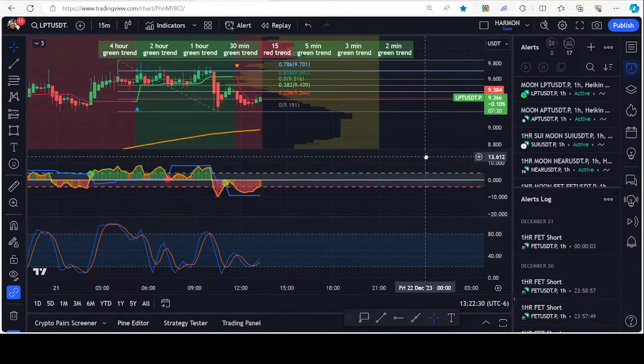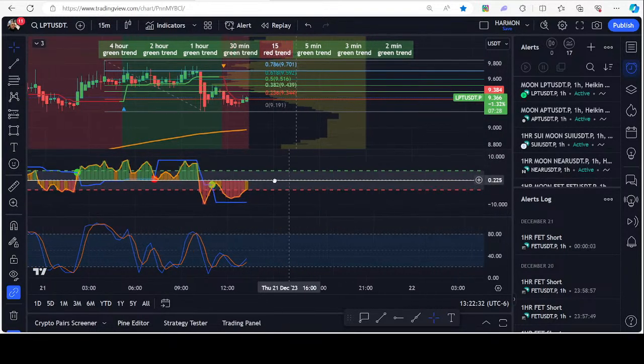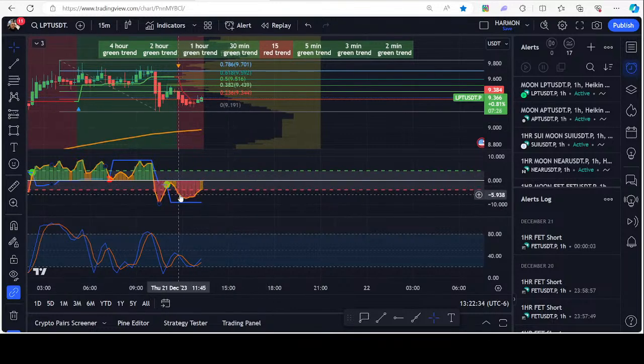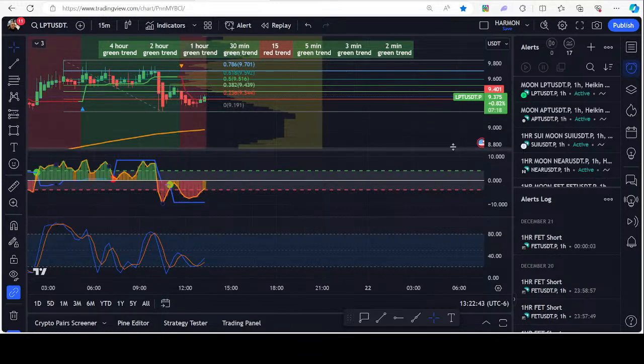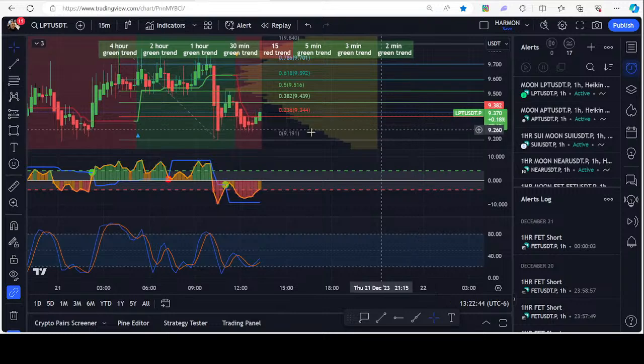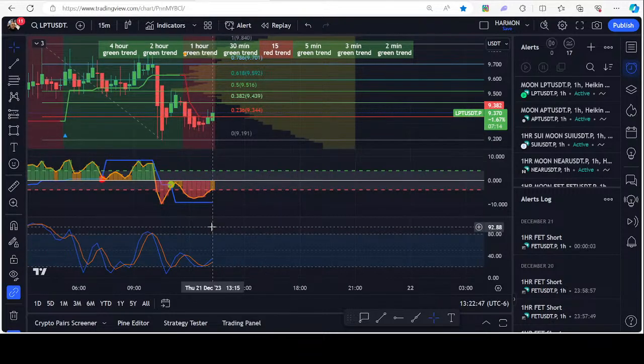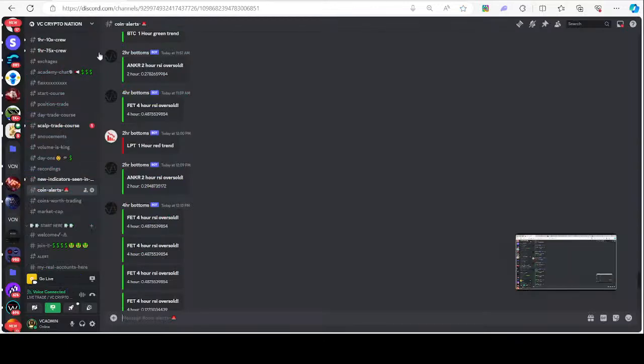I just need the trend. So right now, LPT could be a long if we get the alert on the 1 hour. So heating up there.